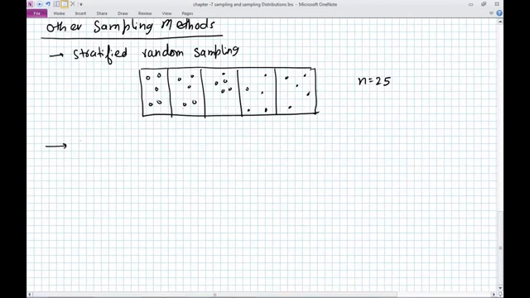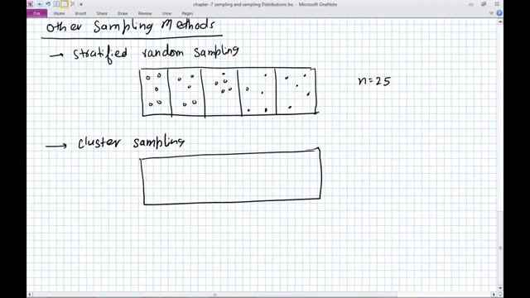Another sampling process is cluster sampling. If you have this population, and suppose on some criteria we can classify this population into 5 different clusters, like 1, 2, 3, 4, 5.